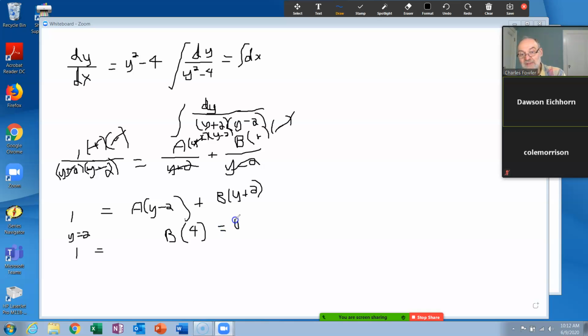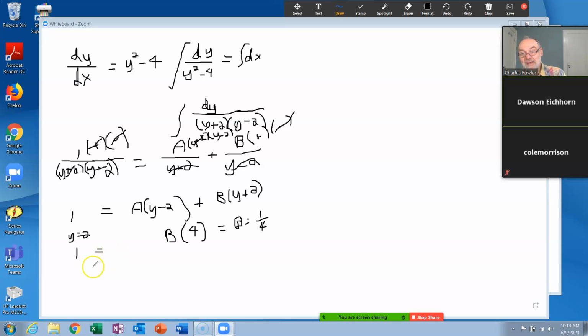That b has to be equal to 1/4. Do you see that? If y is equal to 2, this goes to 0, meaning that whole term goes to 0, and this goes to 4, so you have 1 is equal to 4b, divide both sides by 4, and you get b is equal to 1/4.